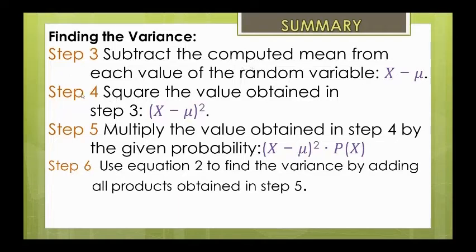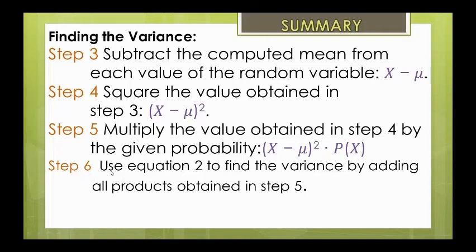And then, step 4, square the value obtained in step 3. So, ito yung makikita natin sa column number 5. The square of the x minus the mean. And then step 5, multiply the value obtained in step 4 by the given probability. So, yung sa sixth column natin is the square of the x minus mean multiplied by the p of x.